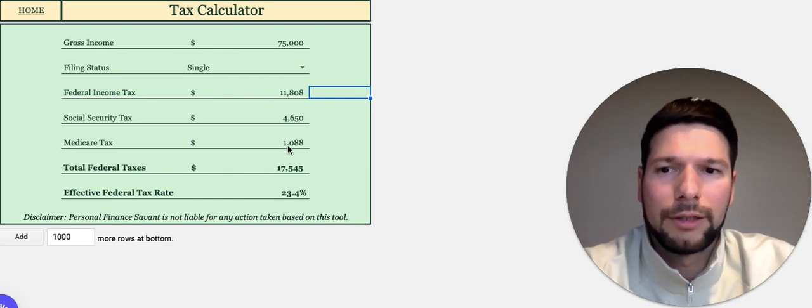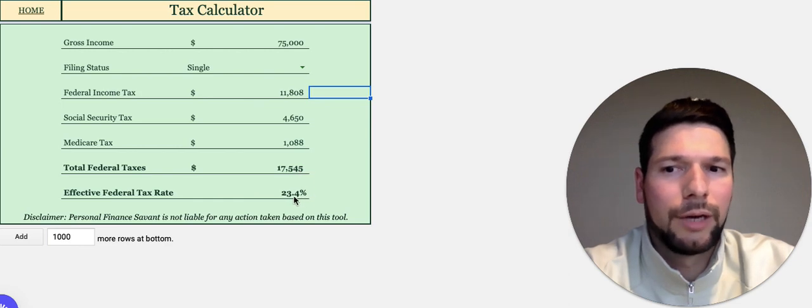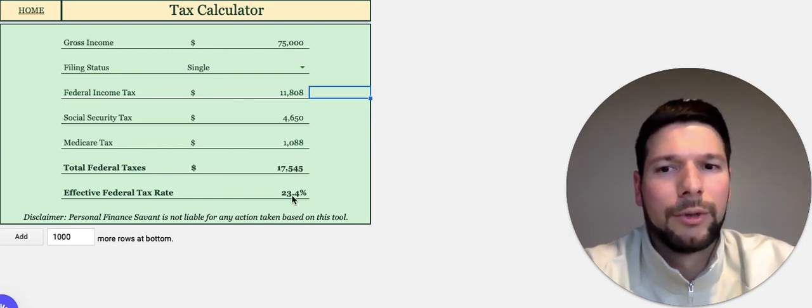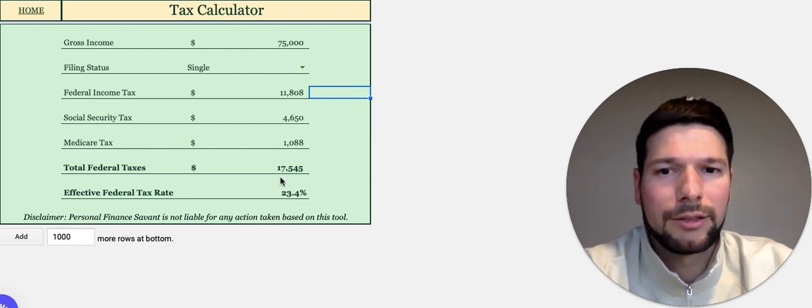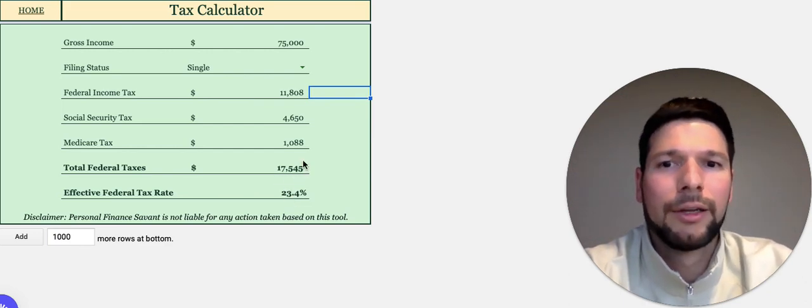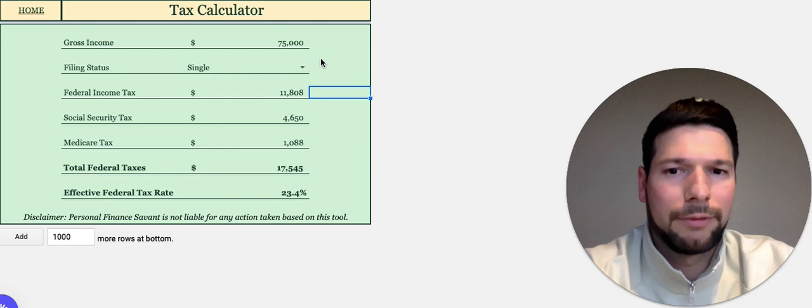And then you have the Medicare tax, for future Medicare needs for those retired and unable to afford their own medical insurance. And then it'll sum all those up to give you your total federal taxes due, and then an effective federal tax rate, which is just your total taxes, $17,545, divided by your total income, $75,000.